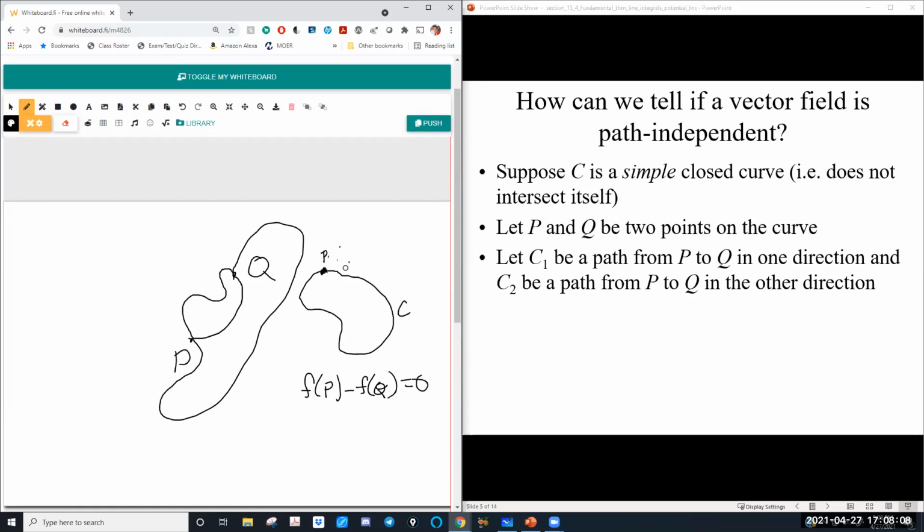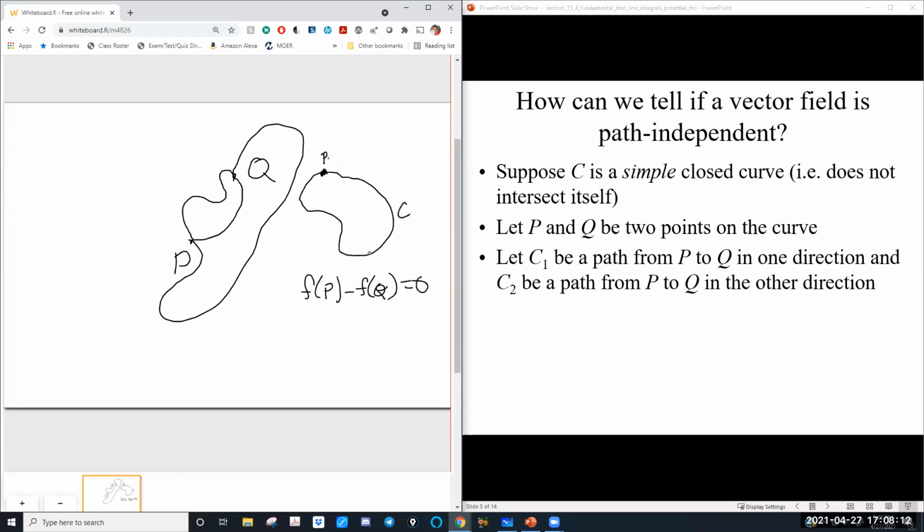So maybe point P is up here, and we'll put another point Q here. And C1 is one of the paths, and C2 is the other. So maybe C1 is going along this way from P to Q, and C2 is going from Q to P.